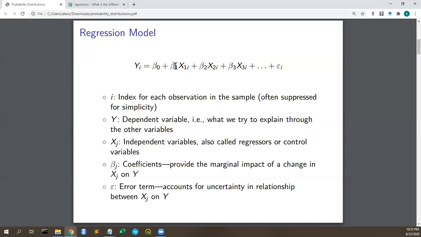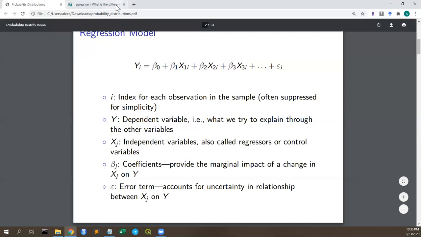Running my regression is going to give me these parameters. When I run my regression, it's going to tell me what this estimate is, and we write that with a little hat, a little caret, on beta. So here's a little picture of it.